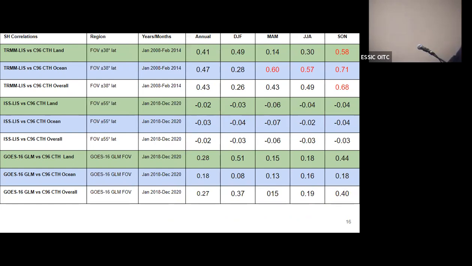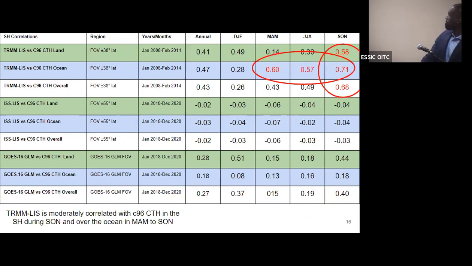Looking at the Southern Hemisphere, the best correlations were with September, October, November for the grids in the Southern Hemisphere for TRMM, which would be spring in the Southern Hemisphere.